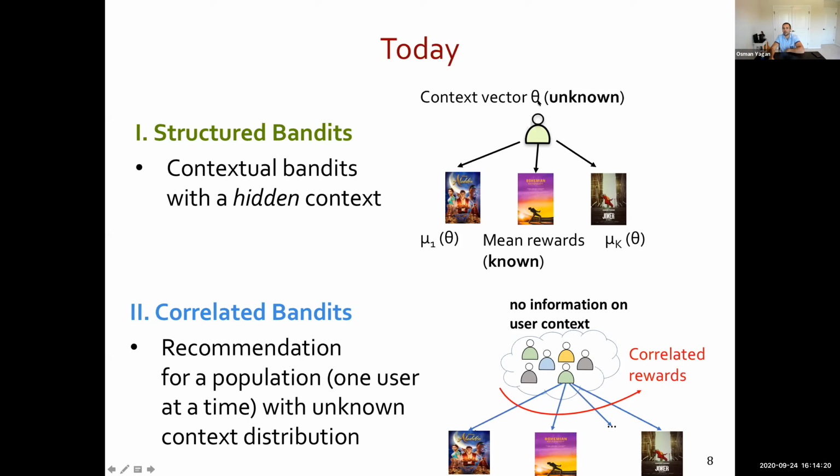So the context theta here is unknown, but you know a priori the mapping from the context to the mean rewards of different arms. And we'll talk about how we can acquire this information and try to motivate that this has a valuable place in the application domain that we are considering.